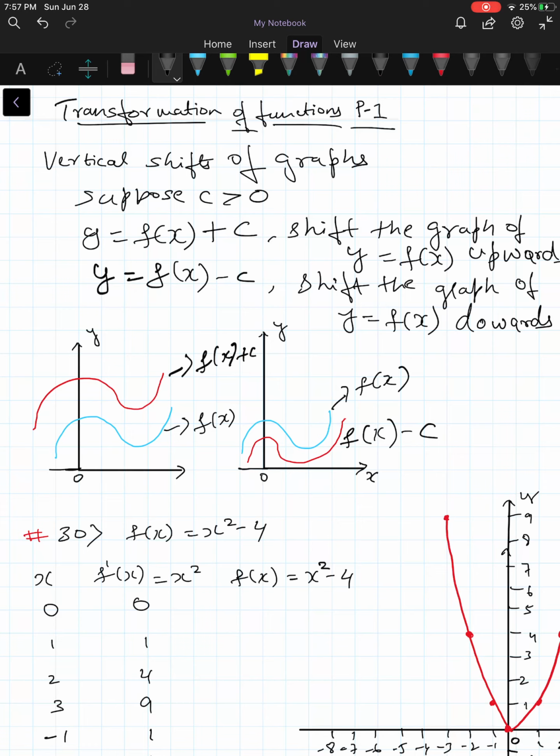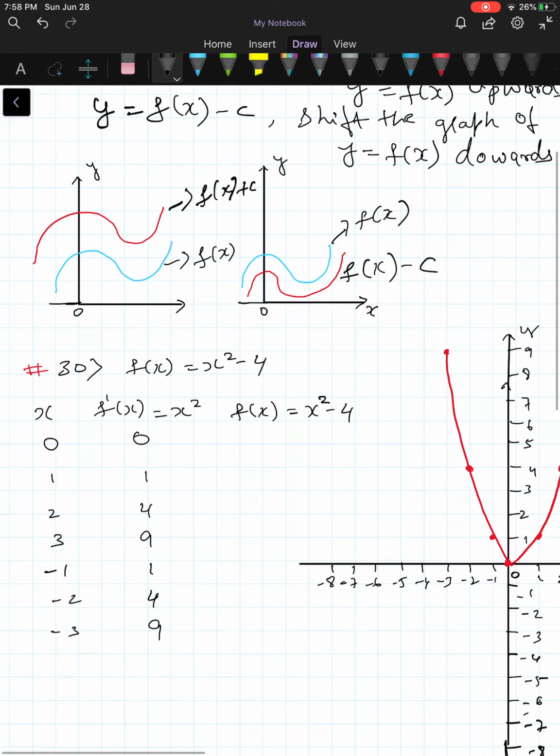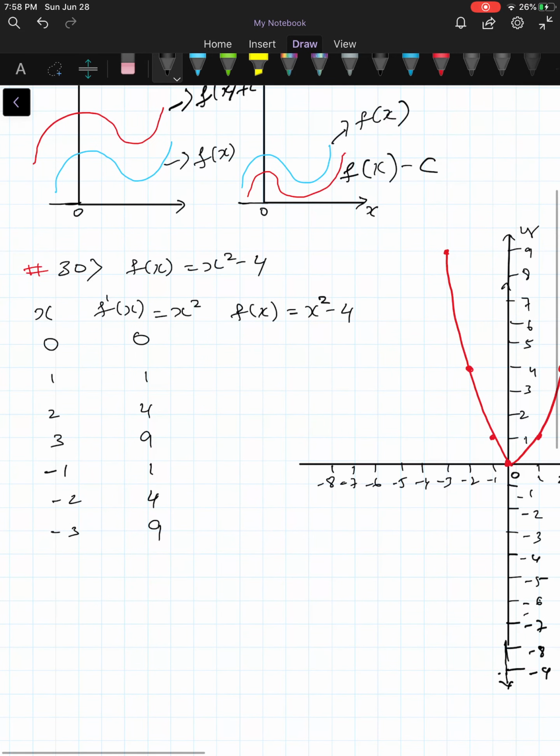If you are asked to do the transformation for a particular function, I will do an exercise problem. The exercise states: sketch the graph of the function, not by plotting points, but by starting with the graph of a standard function and applying the transformation. I will solve number 30 for you.